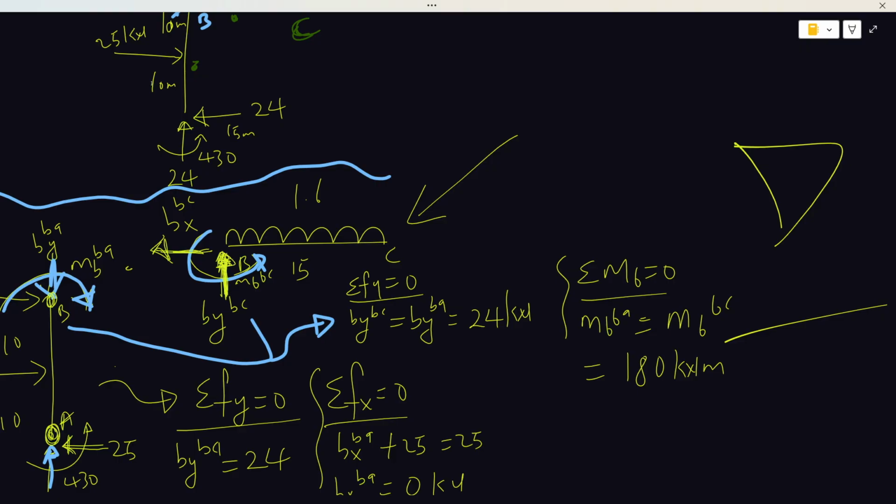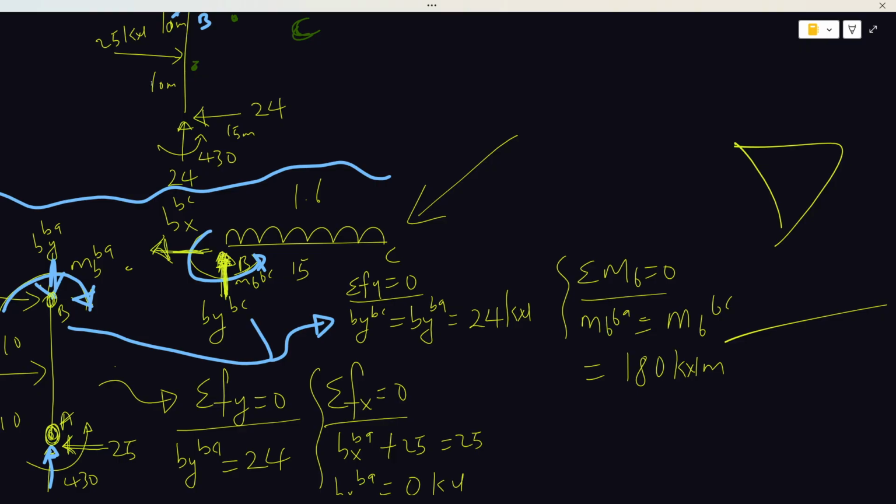So apart from BYBC, there's nothing else on member BC that we need again. So there's no point in applying the equilibrium equation to member BC. Applying it will just verify the fact that you are correct already.